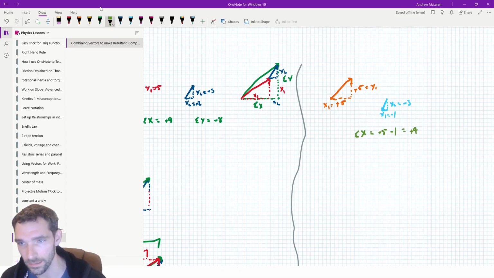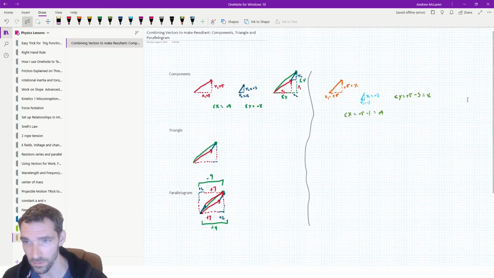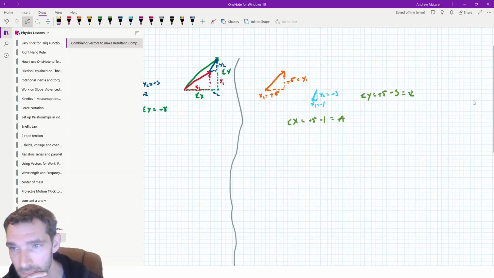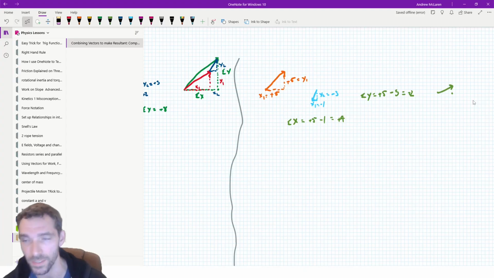And then the sum of the y's should be going +5 right there, and -3, so it's a +2. So our resultant when we put these two together is going to be something that goes over 4 and then up 2. So that would be our resultant right there.